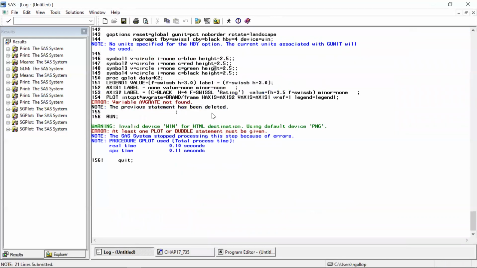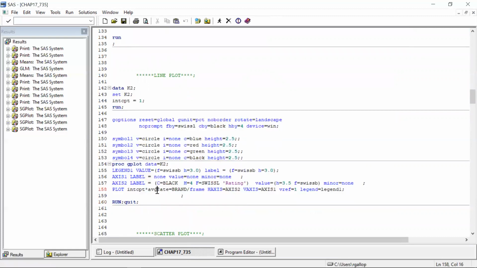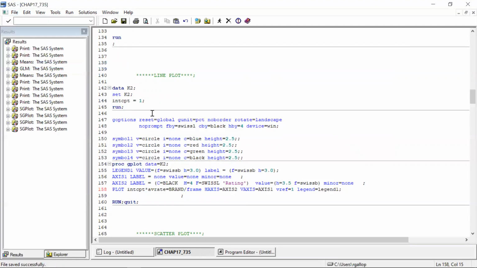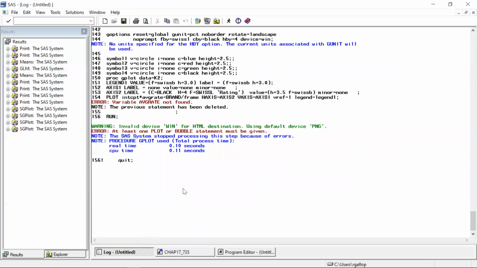So in this case, let me look real quick. Oh, typo. I called the variable average rate, not AVG rate. Real important, you guys just saw it there in SAS, and I'll fix it with the saving: pay attention to the log. The log is going to tell you something's wrong.